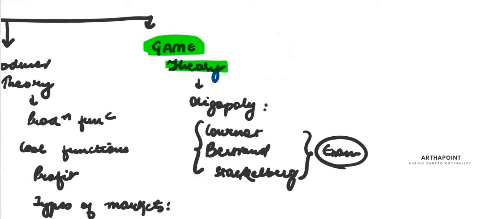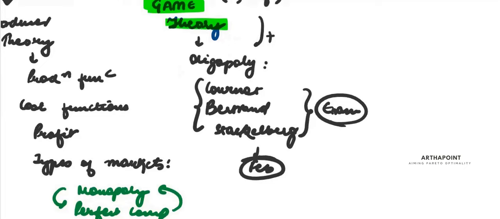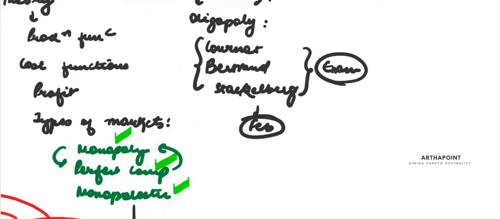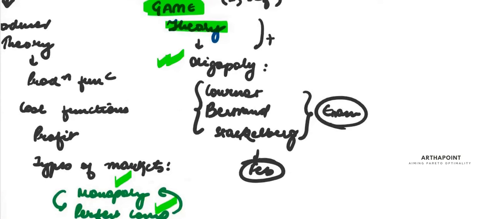And if we know that this topic is definitely coming in the exam, especially it comes in IIT and its exam is in Feb, I don't want to keep it for the last. So we will do game theory, simultaneous game and sequential game, and follow it by oligopoly, so that my production side is completely done. I've done monopoly, I've done perfect competition, I've done monopolistic, and I've also done duopoly. So we will do this.